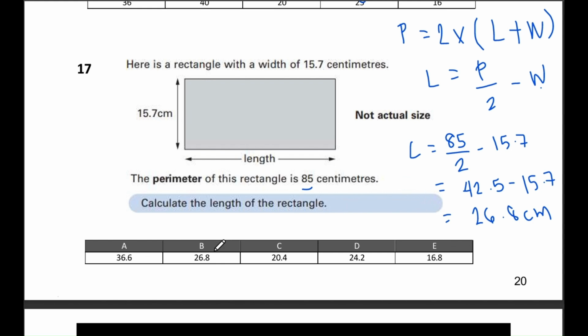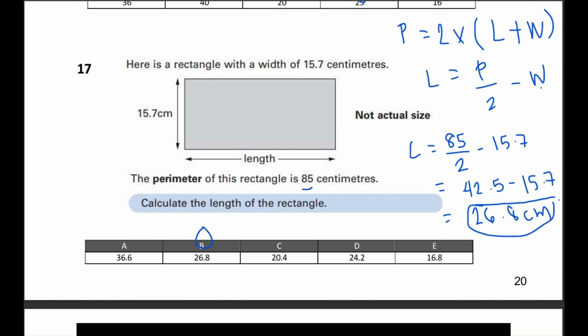The correct answer is option B, 26.8. The formula for the perimeter is 2 times the length plus the width. So 2 times the length plus 15.7 equals 85. That means length plus 15.7 equals 42.5, and the length is therefore 26.8 centimeters.